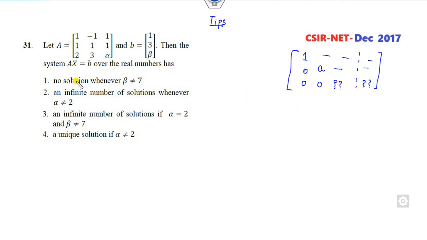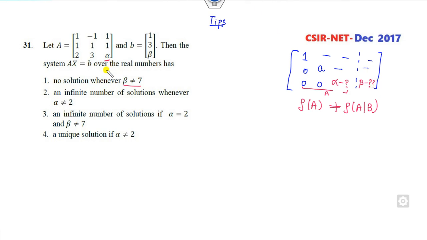Now when will it be no solution? No solution means when the rank of A is not equal to the rank of the augmented matrix A|B. This is my A, this is A|B. I can write this number as, say, alpha, because this is in terms of alpha minus something, and this is beta minus something.